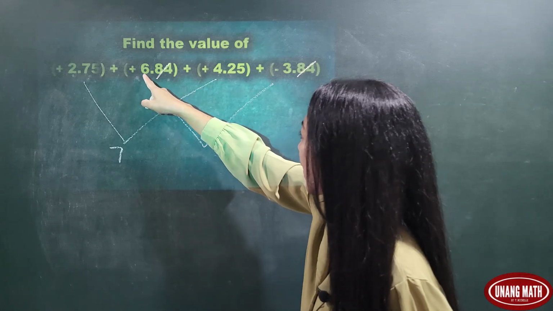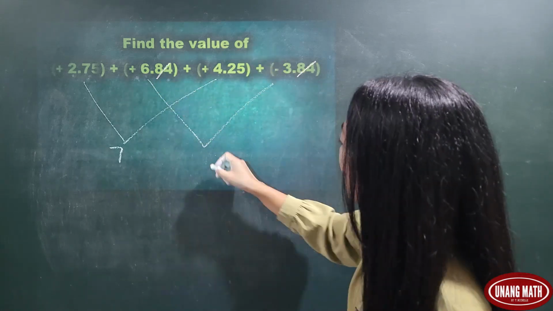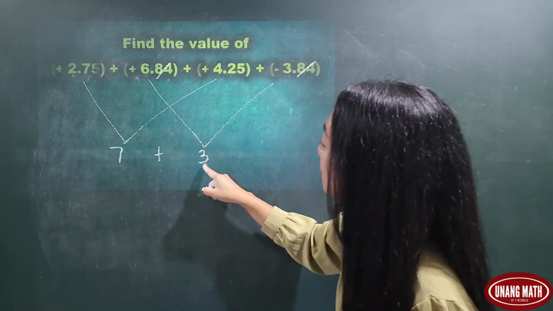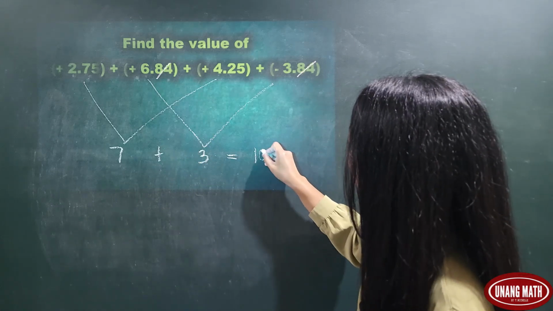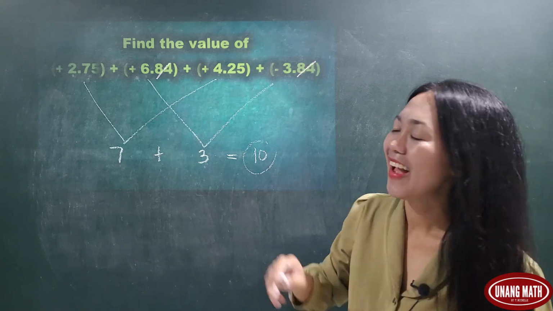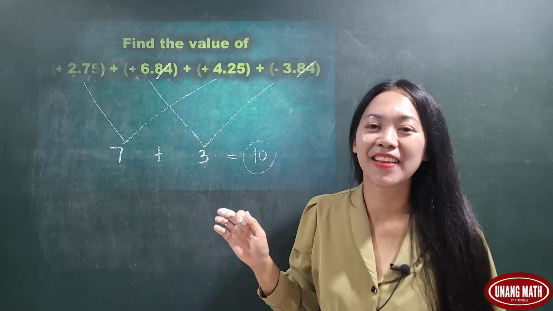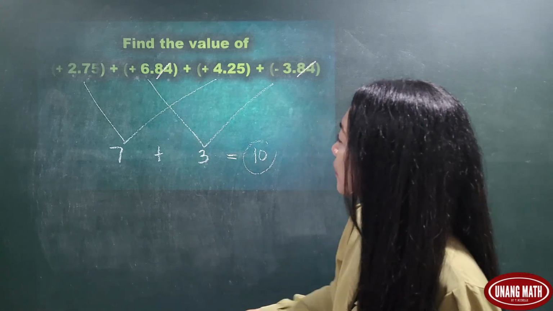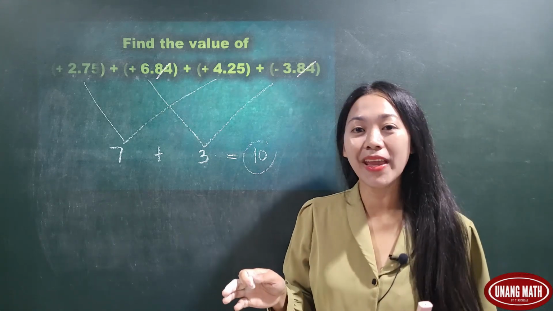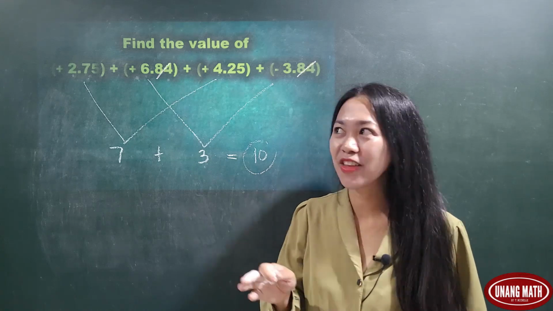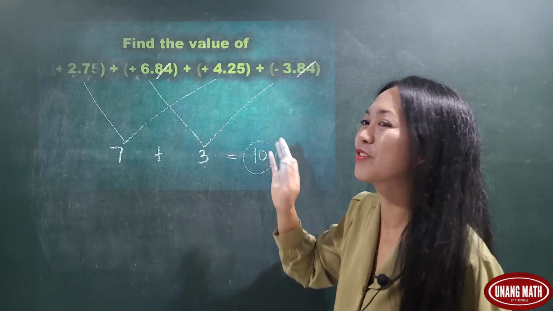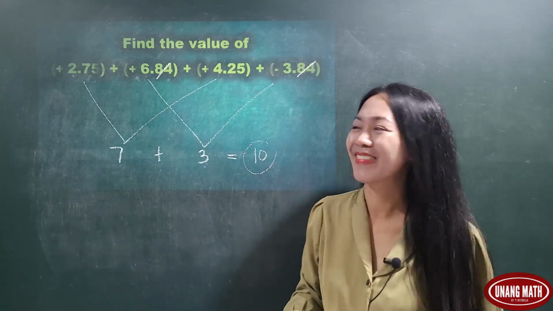Then get the difference, 6 minus 3, the answer is positive 3. So 7 plus 3, the answer is 10. So in here, we applied the different rules of addition. The important thing about the rules of addition is we can rearrange the numbers as long as we think it's easier for us to solve the problem.